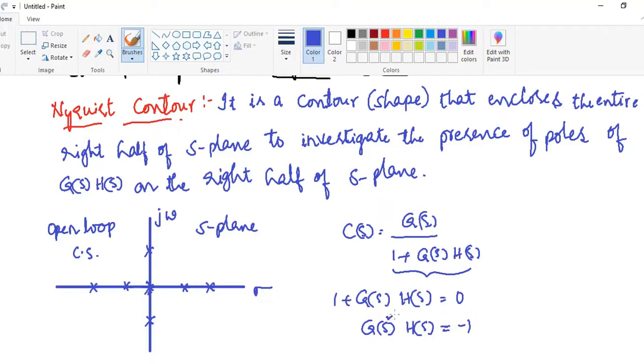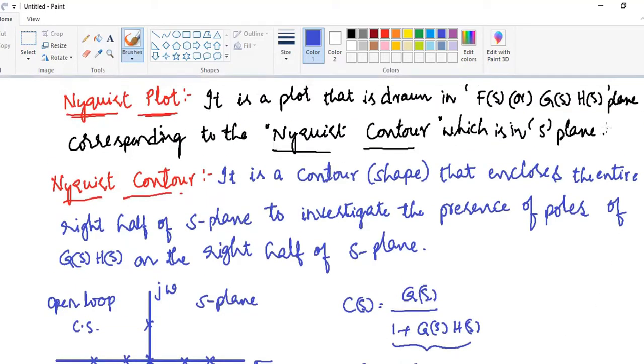So this G(s)H(s) is nothing but the F(s) plane, or we can call it the G(s)H(s) plane. As we have seen, the Nyquist plot is a plot that is drawn in F(s) or G(s)H(s) plane corresponding to the Nyquist contour which is in s plane.